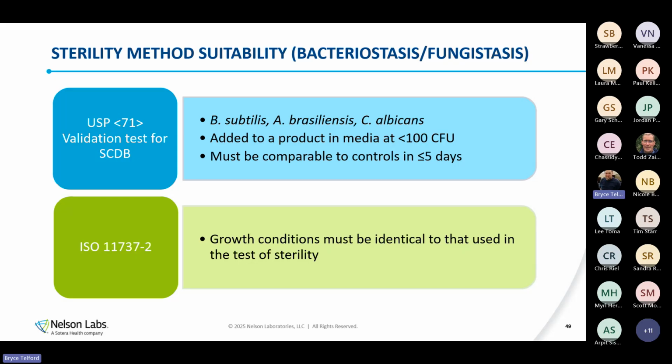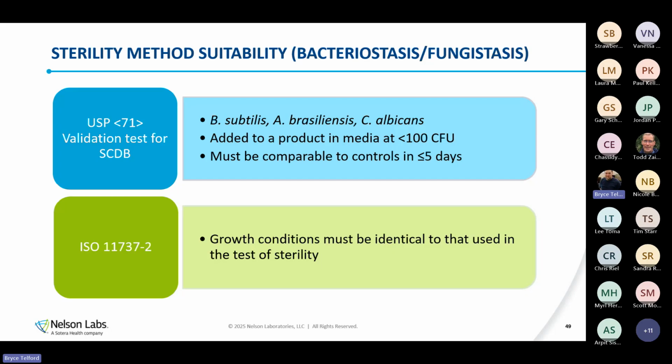And as we had mentioned earlier, and for those that are joining late, generally for terminally sterilized product, we're really only going to be concerned with those aerobic organisms because most of the time our product is not being held under anaerobic conditions. So the organisms we expect to recover are aerobic organisms or facultative aerobic organisms, both of which are able to grow on the aerobic media. So the Bacillus, the Aspergillus, the Candida, those are our challenge organisms, and we're going to use SCDB.